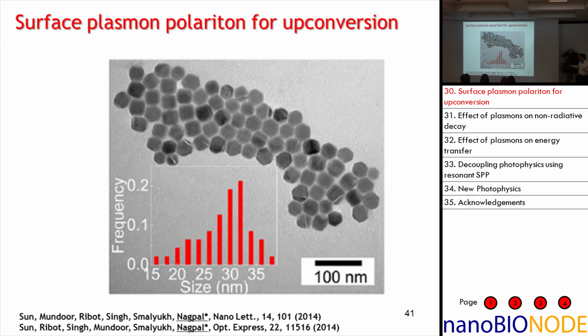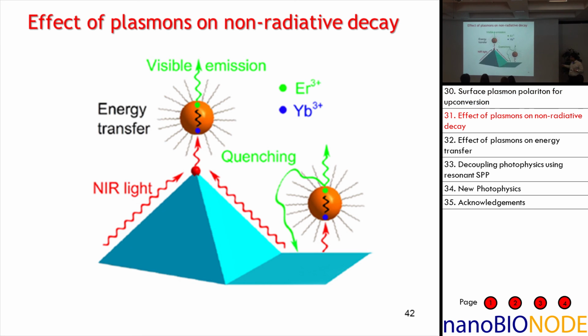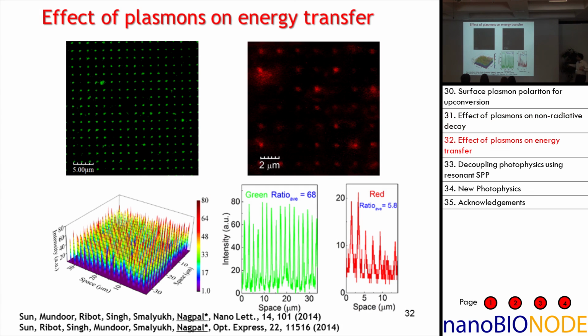When we put these upconversion nanoparticles right on top, what we could really see is very high visible emission with these fluorophores that were sitting right at the apex of the tip, and almost no emission if the fluorophore was sitting down at the bottom because of this very strong quenching that we see between the lanthanide dopant and the flat metal surface. So we decouple the photophysics.